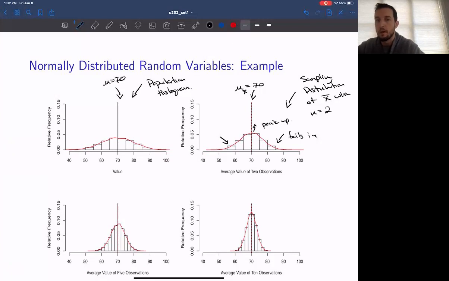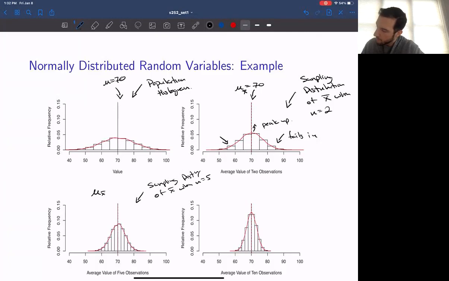Right? Now, let's say that we redo the experiment. We collect 1,000 samples of size 5 for illustrative purposes, and then we compute the sample mean of those 5 observations. Well, here we now have the sampling distribution of X bar when n is equal to 5.